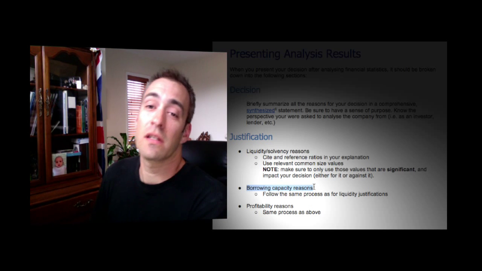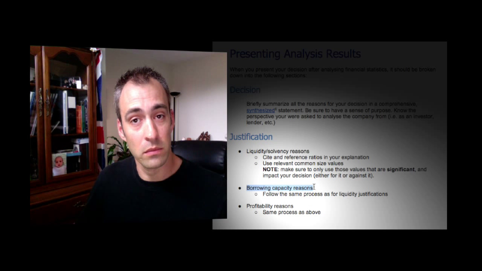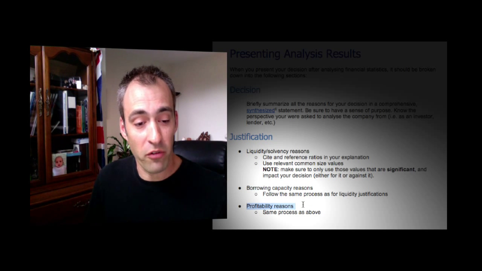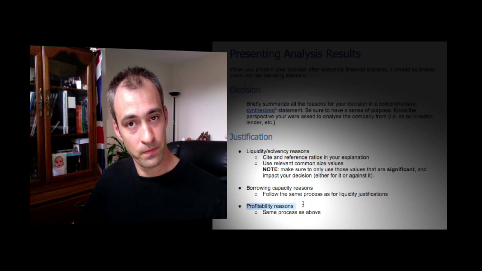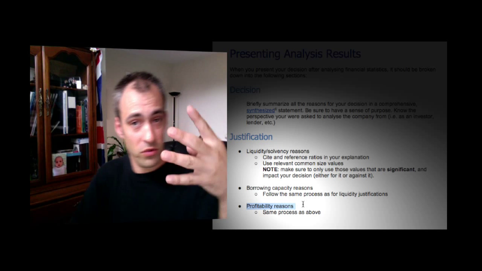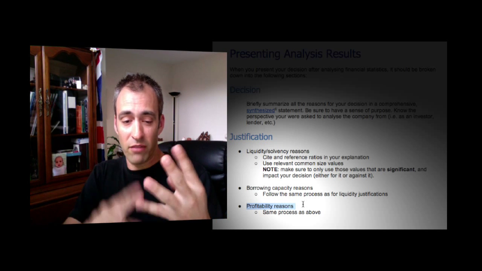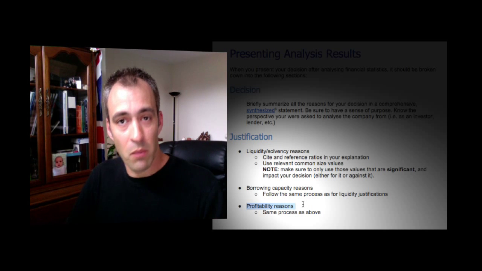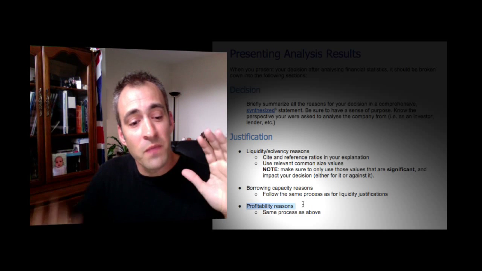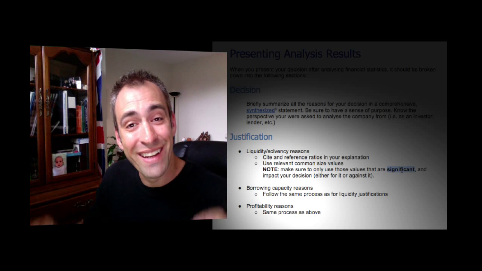And then, of course, you've got to say something about how well the company appears to have been run using the profitability and efficiency ratios. Right? And if you find trends and stuff in the common size analysis, you should throw those in. So that really is four sort of areas. There's no way you're going to have less than one reason out of each of them. But you don't pick everything you find, only the most significant. See right there, most significant.